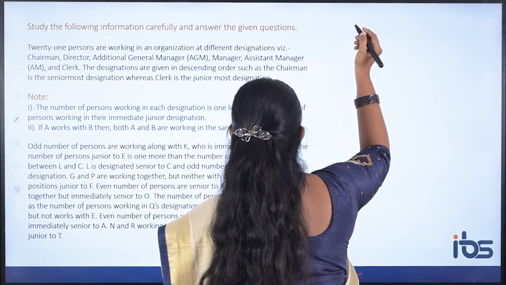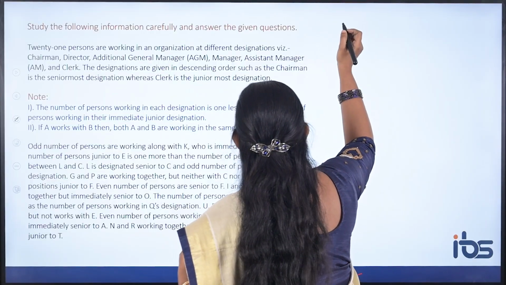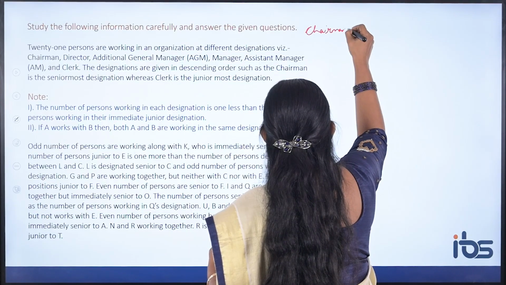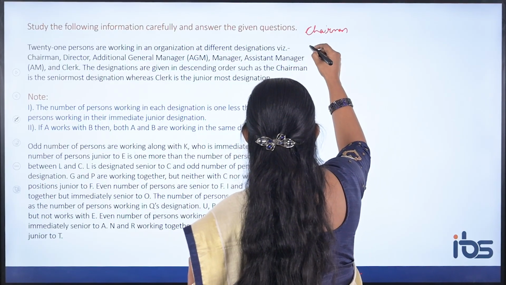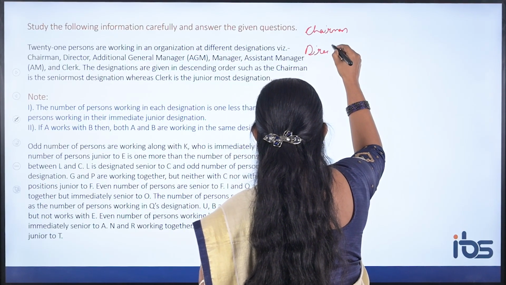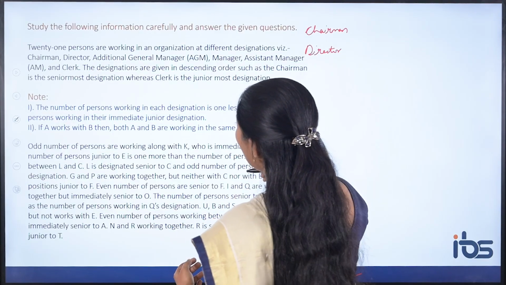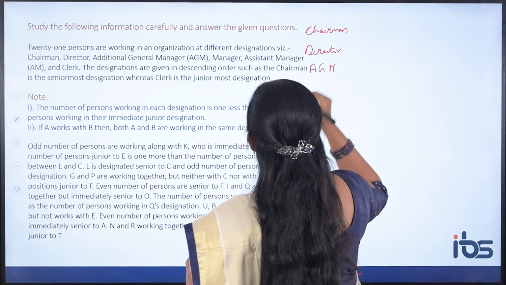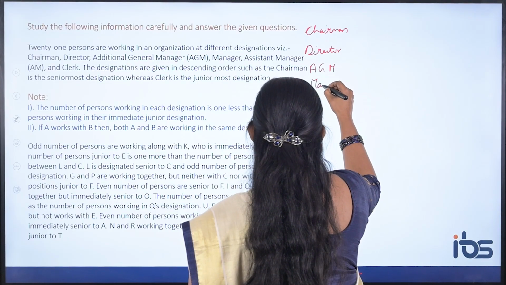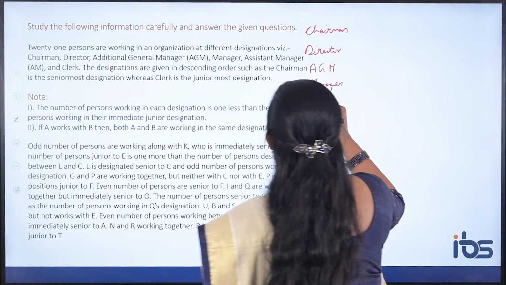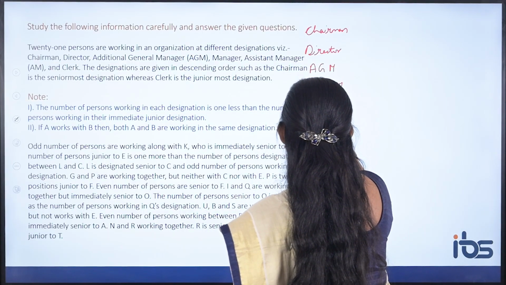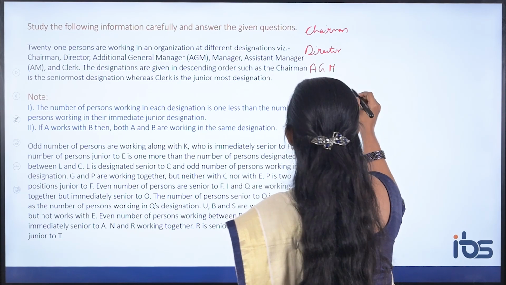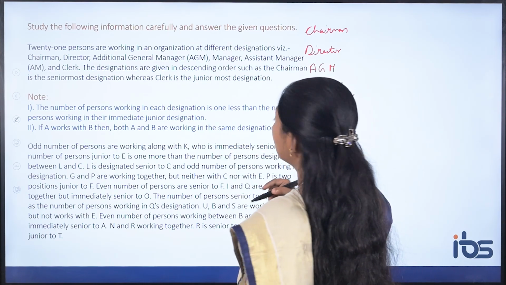So let me first mention that: the first is going to be the chairman, then we have the director, then the additional general manager, AGM, then the manager, then the assistant manager, and then the clerk.